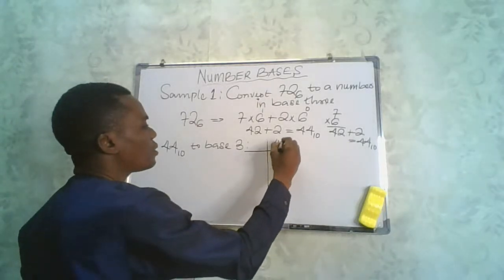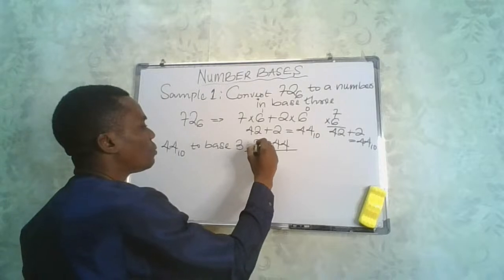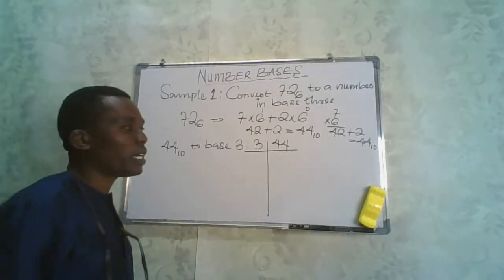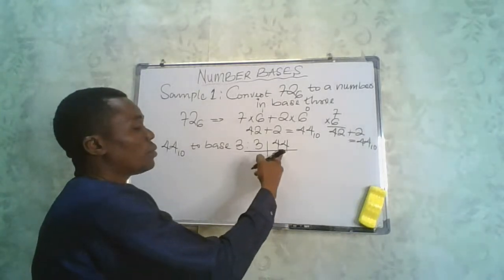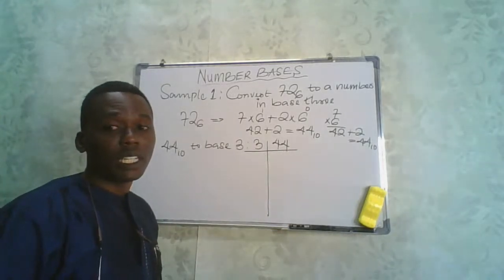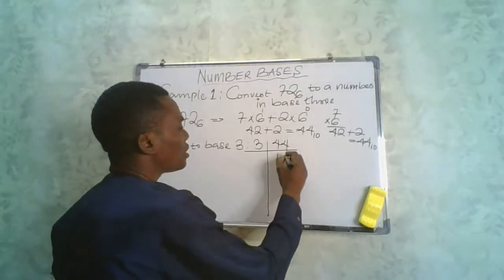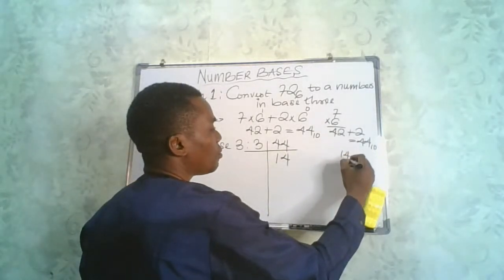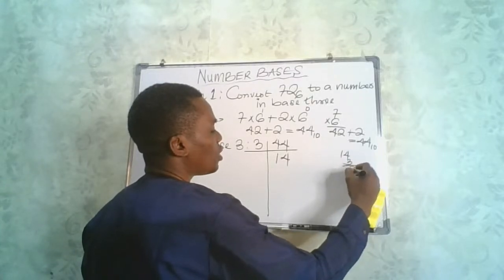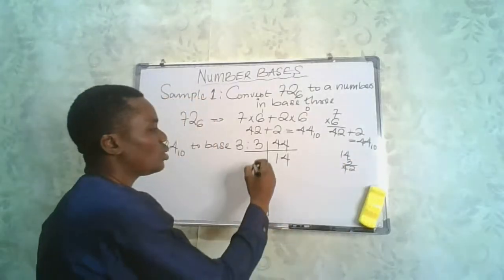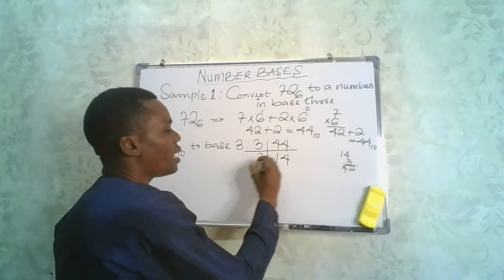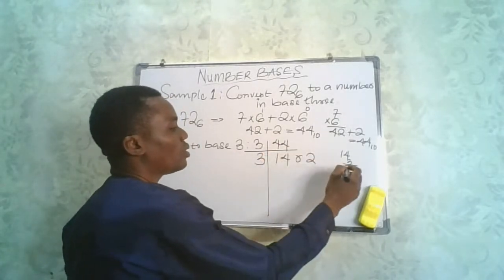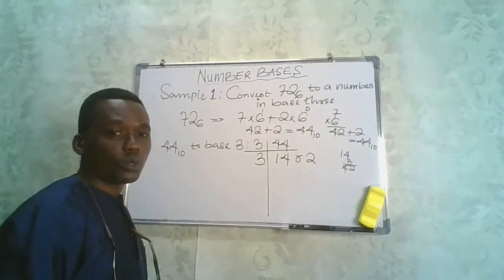So we're going to have 44 divided by 3, the base we are taking it to. 44 divided by 3 is going to give us 14. 14 times 3 gives us 42, and the remainder will be 2, because 44 minus 42 is 2.